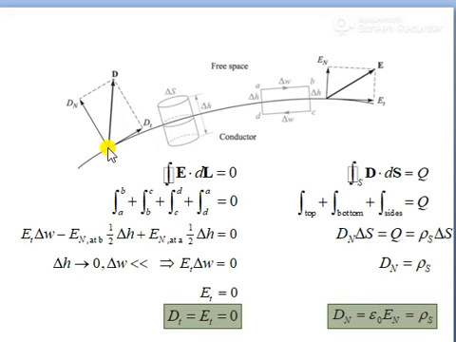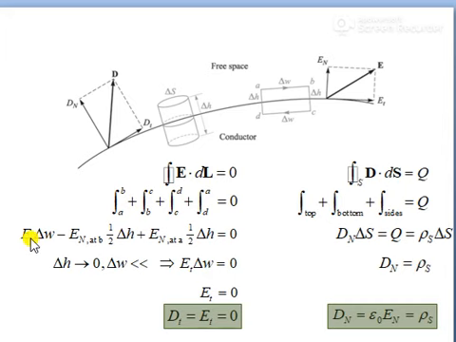Now as per the law, the integration over a closed path of E dot dl is 0, so you can apply it for the conductor. Here ABCD can be applied. So the integration over AB plus the integration over BC plus the integration over CD plus the integration over DA is equal to 0.